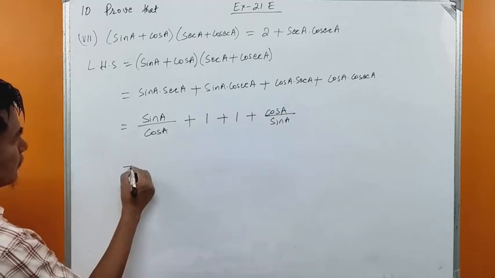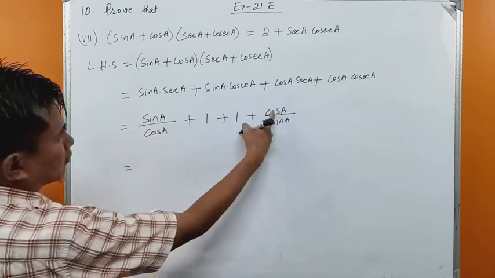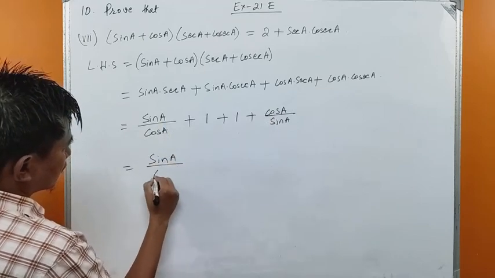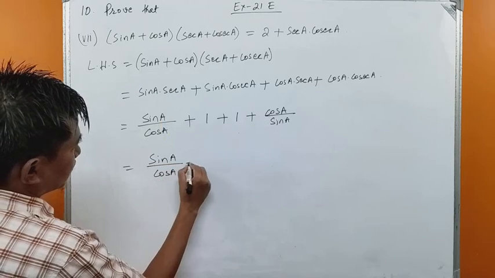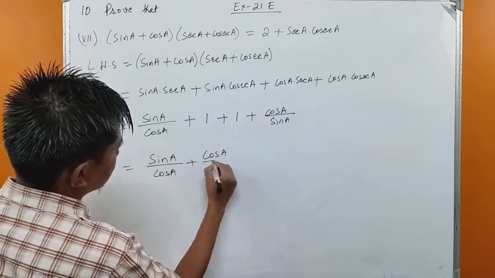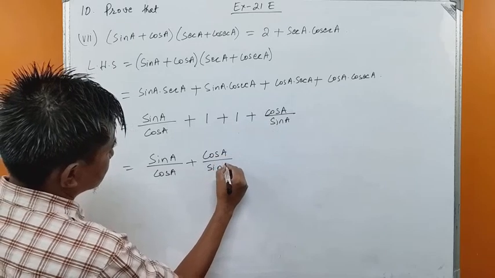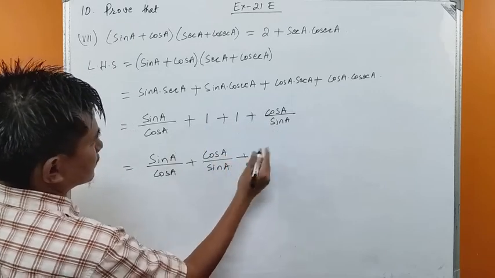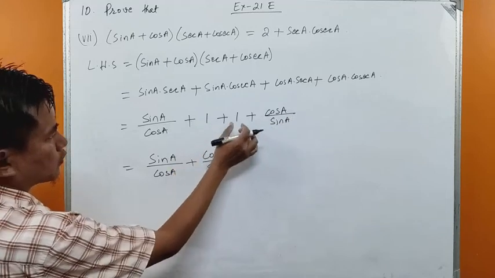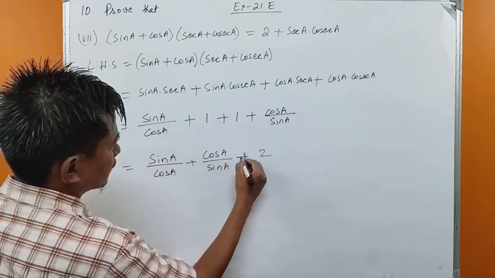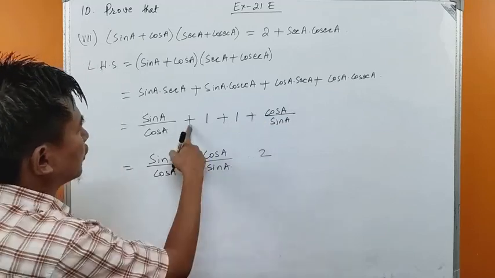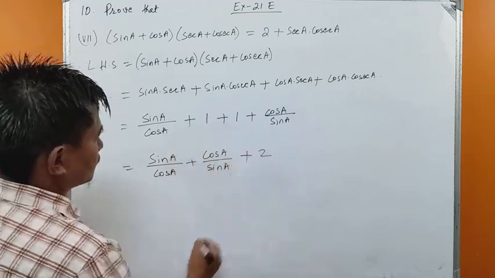Now sin A by cos A, plus cos A by sin A, plus, I write this before, and 1 plus 1 is 2, plus 2.